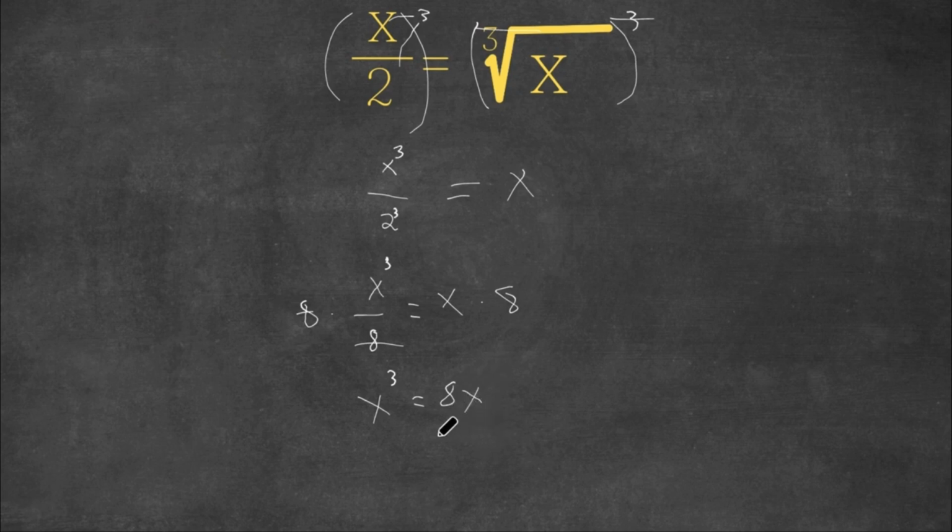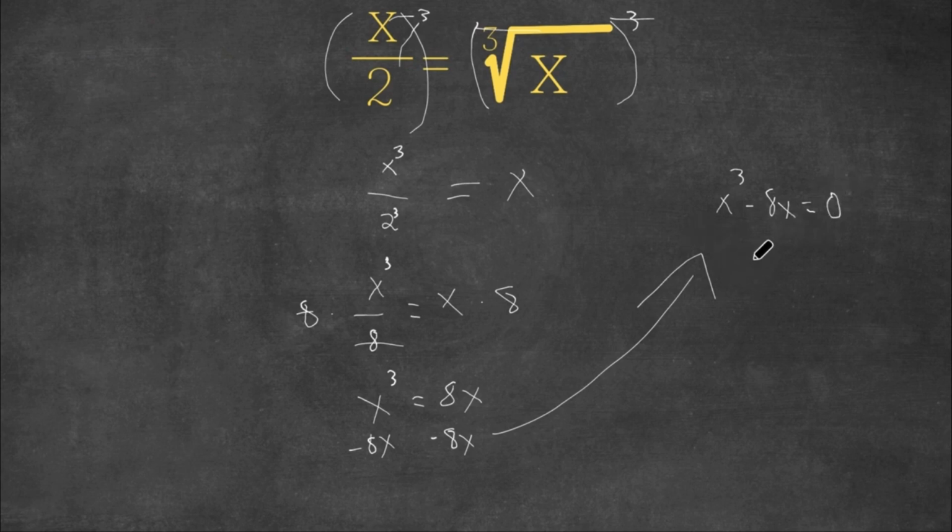Now we're going to subtract 8x on both sides. So this gives us x to the power of 3 minus 8x equals 0.